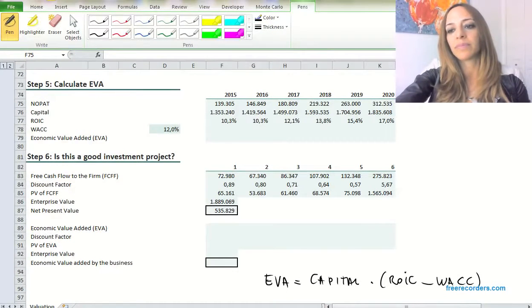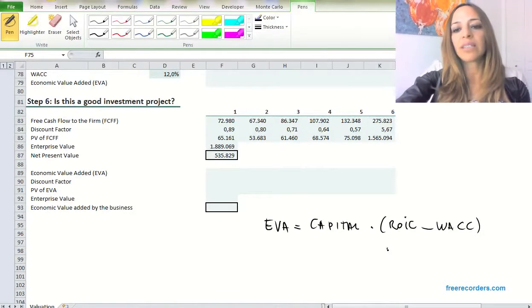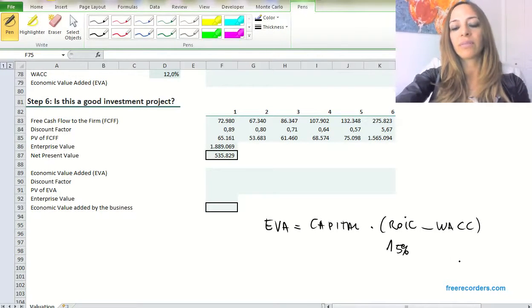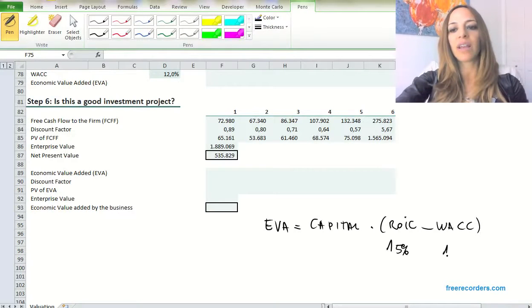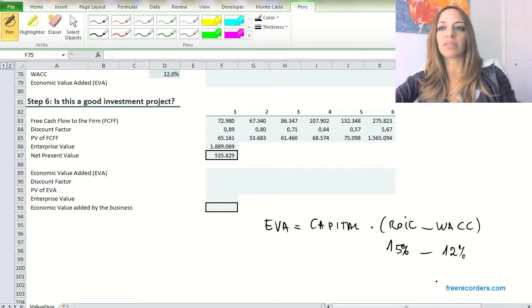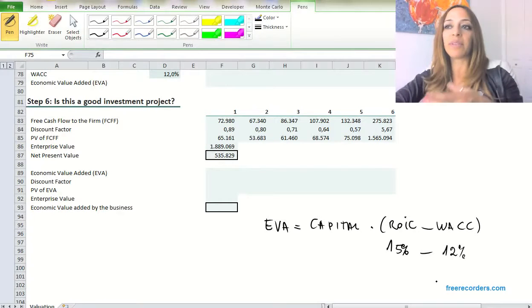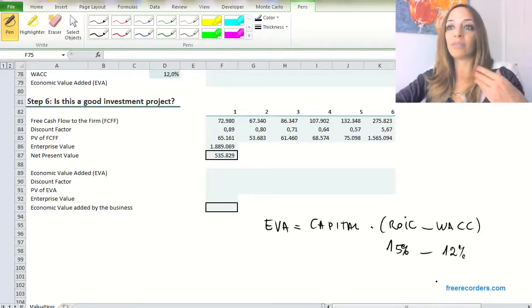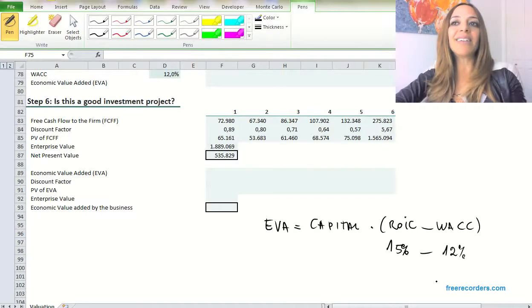For example, if you're expecting, let's say, 15% return, and the weighted average cost of capital is 12% return, then you are creating value because the return you are obtaining on this project is higher than the opportunity cost of such capital. The weighted average cost of capital represents the profitability or return of other companies of similar risk.